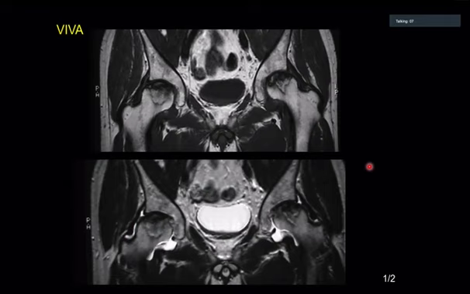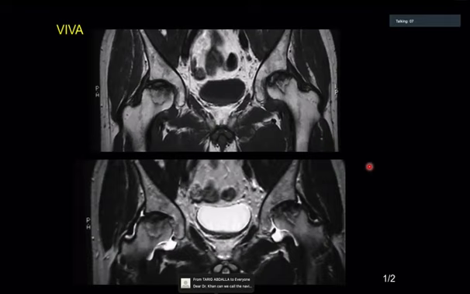There's also abnormal signal, which is low intensity signal on T1 as well as T2 in both of its bilateral femoral epiphysis. There's also some flattening of epiphysis especially on the left side.